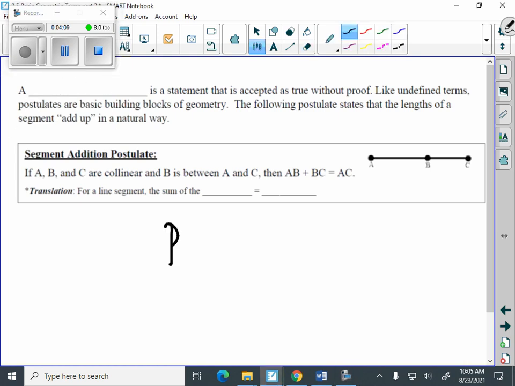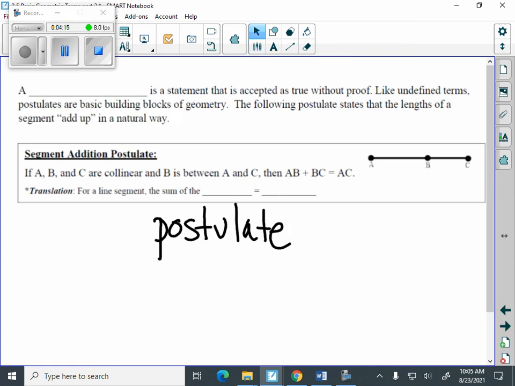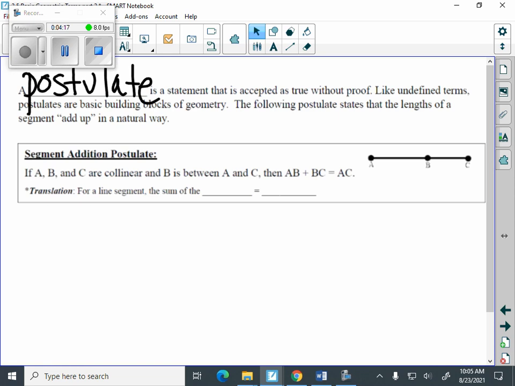A postulate is a statement that's accepted as true without proof, and it kind of works like undefined terms. If you remember previously in these notes, we talked about point. It's an undefined term. It's accepted with a diagram in terms of its definition.